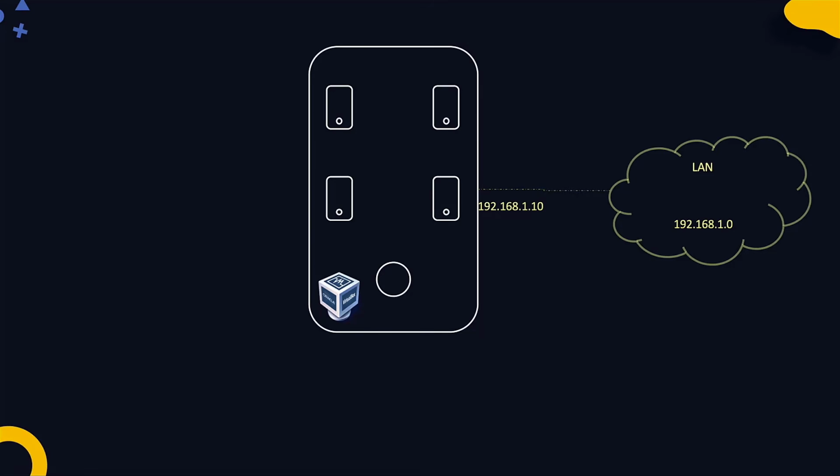Now, how do these VMs talk to each other? How do they reach systems outside of your PC? Now, as of now, these virtual machines are simply created. They don't have any network or any IP address assigned to them. So if you log into any of these VMs through their console and try to ping one another, it would fail.